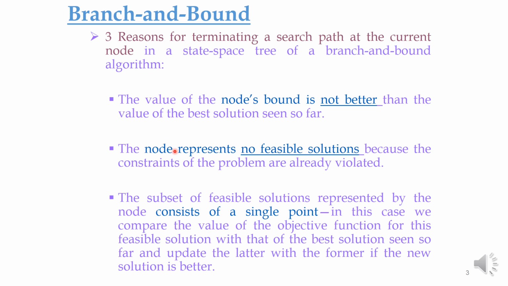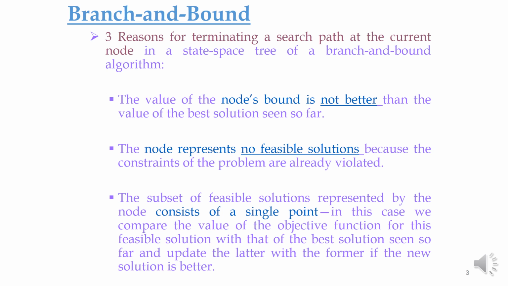The second reason is, if there is no feasible solution available, that is, if that solution does not satisfy the constraint, we can terminate that node. And the third reason is, if you have a single point, and that node's objective function is not better than the best solution seen so far. So these three reasons are used for terminating a particular node in the branch and bound technique.